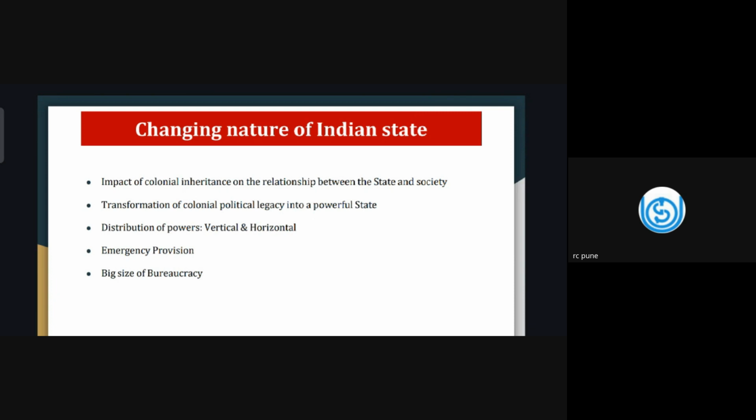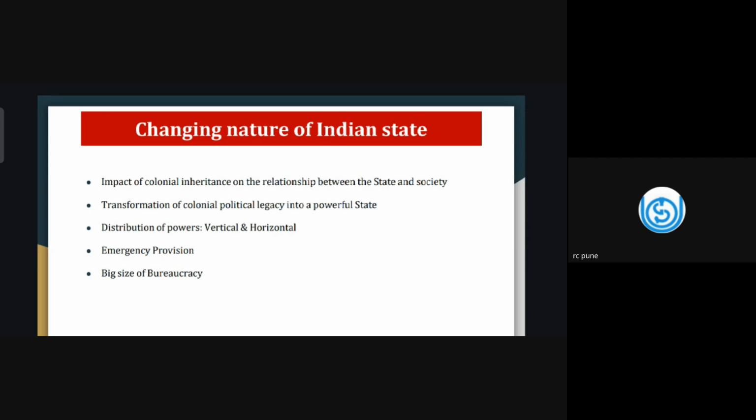So in a way, we can understand that the central government can make law on almost every subject. So 100% power is there with the central government or union government.